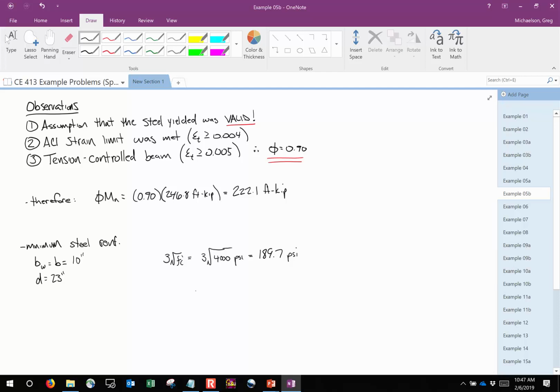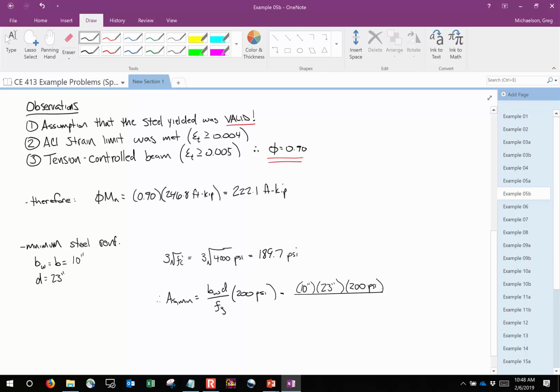200. So therefore, our As min is bw d over fy times 200 psi. So you're going to just pay attention here. So up top, we have 10 inches, 23 inches, 200 psi.